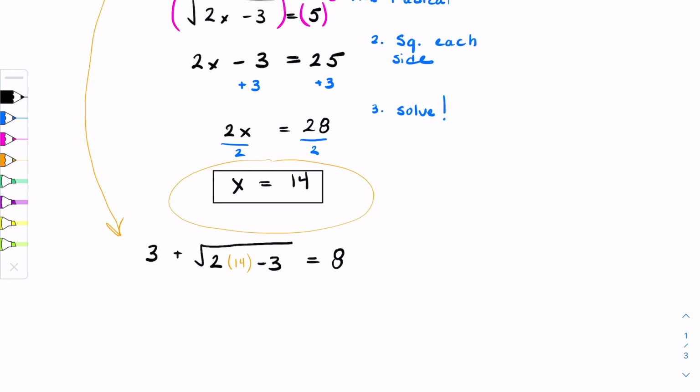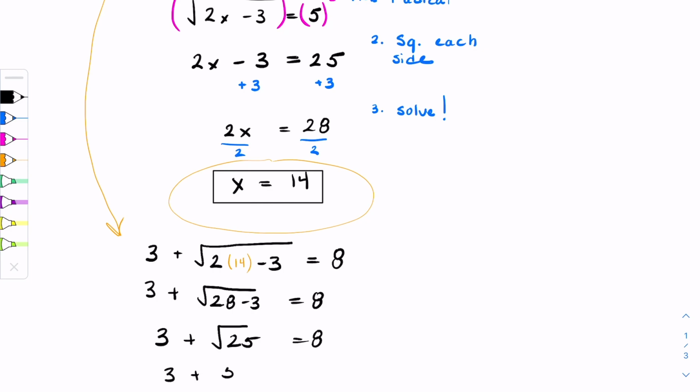When we simplify this, we have 3 plus the square root of 28 minus 3 equals 8. 28 minus 3 is 25. 3 plus the square root of 25 equals 8. 3 plus 5 equals 8, or 8 equals 8. So this is correct. Therefore, we know that x equals 14 is our solution.